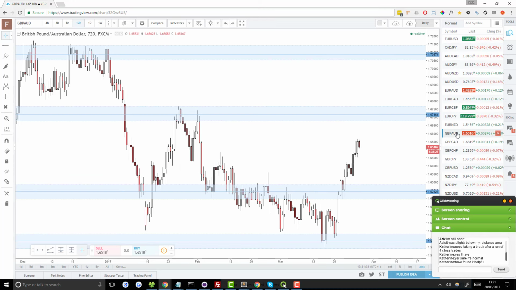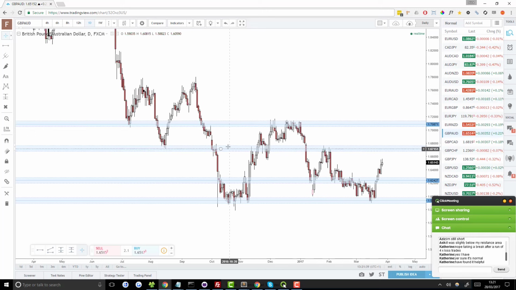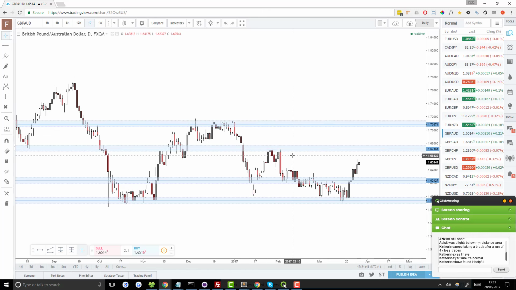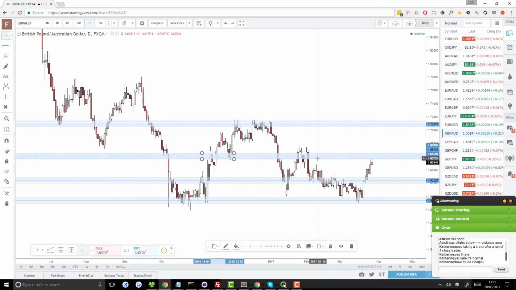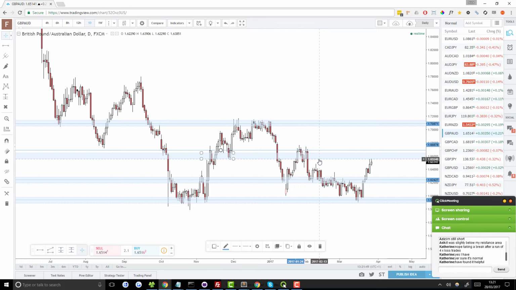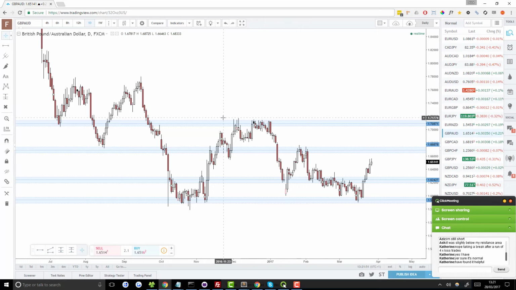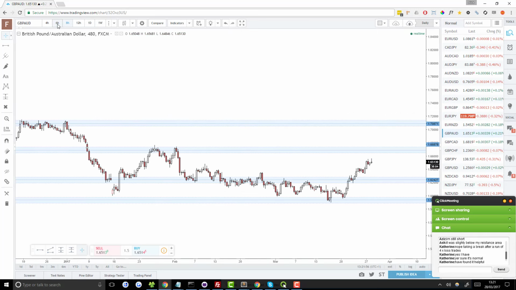GBPAUD is sitting in between two support resistance areas. I could adjust that down, but that would be curve fitting. Nah. Sitting in between two support resistance areas, nothing really that I would want to trade here.